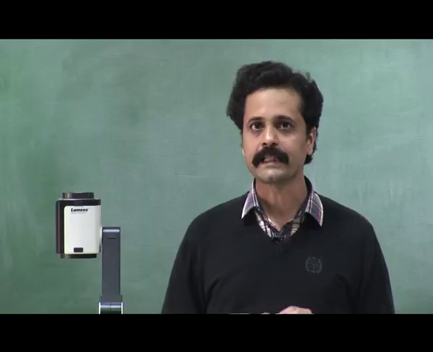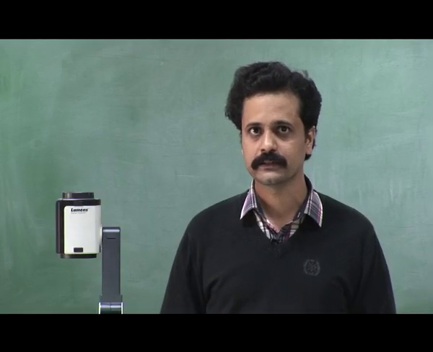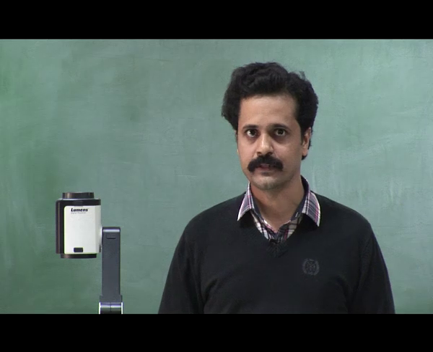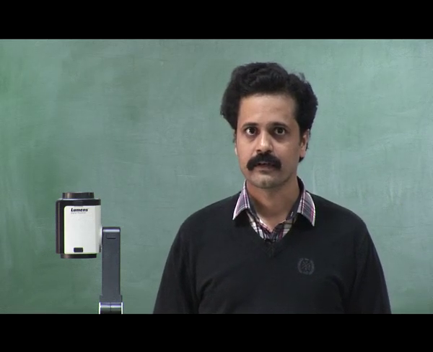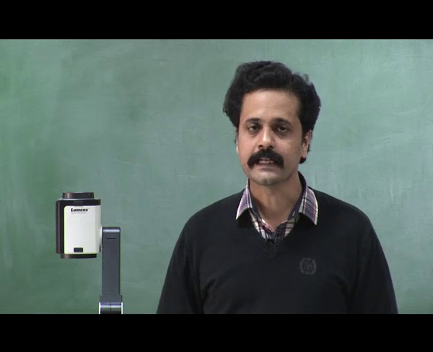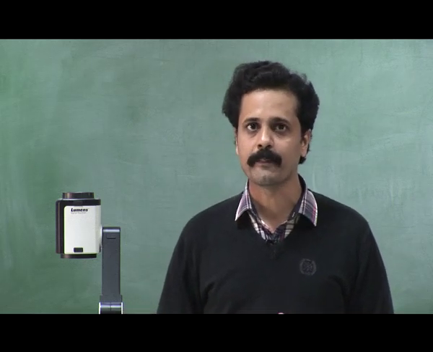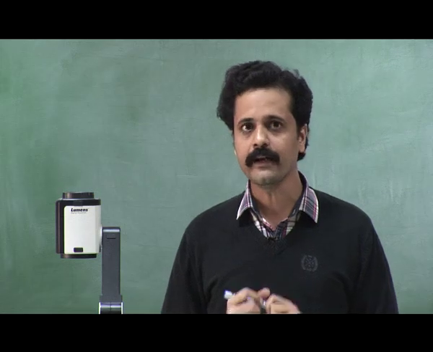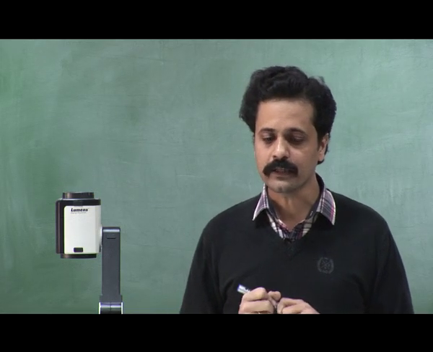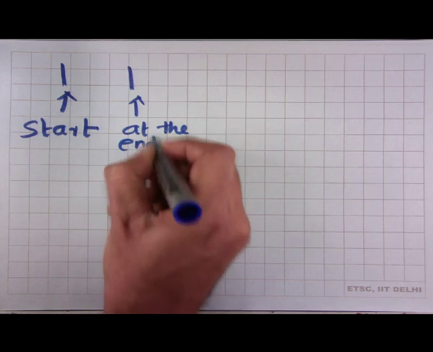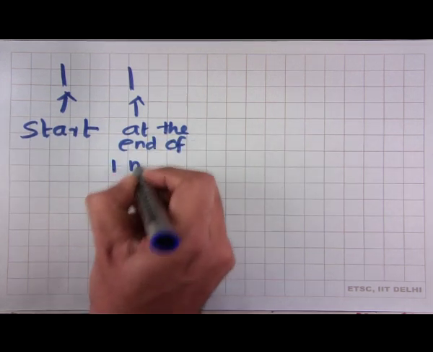Recall that at the end of 1 month, the rabbits get matured, but then it does not produce any new rabbit. So, at the end of 1 month, the total pair of rabbits in the field is again 1.